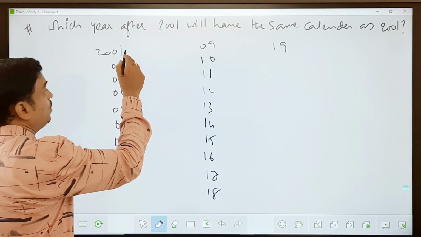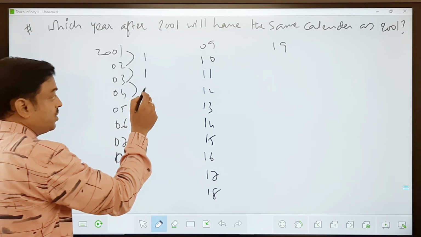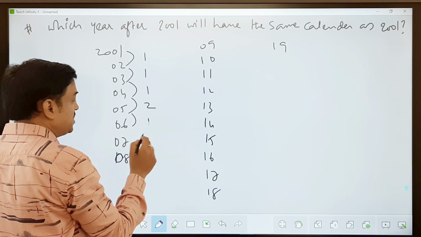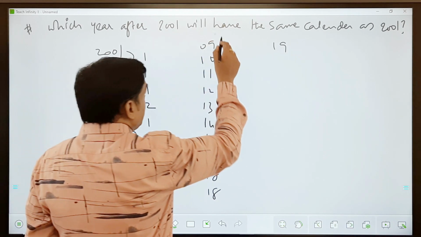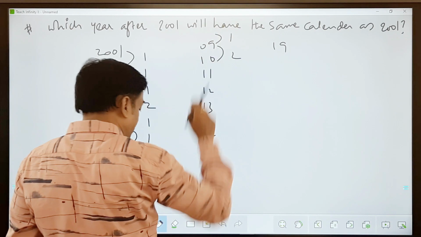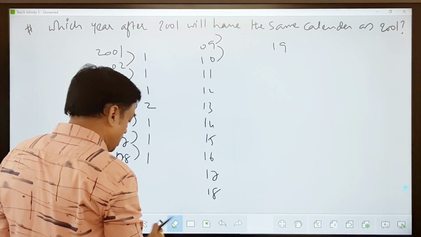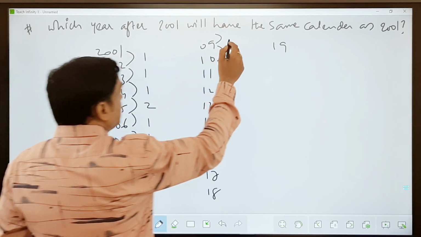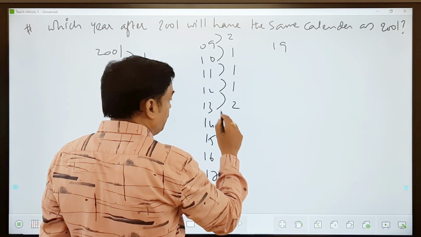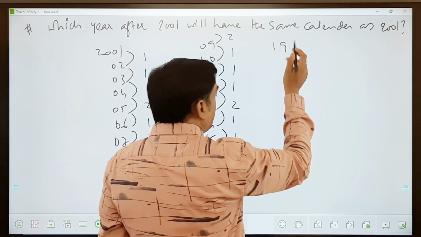Now 2001 to 2002 non-leap year and 2003 to 2004, start of 2004 non-leap year and then 2, and then it is 1, 1, 1 and then it is 2, you get it. Okay, I'm sorry, here it will be 2. Okay, so it will be 1, 1, 1 and then it is 2, and so on it goes like that.